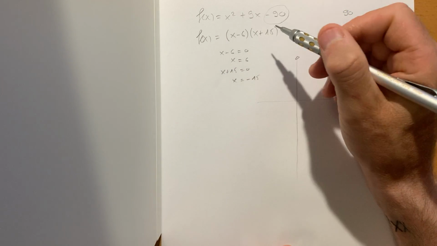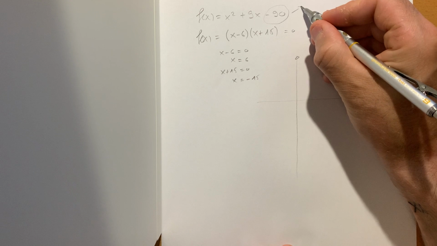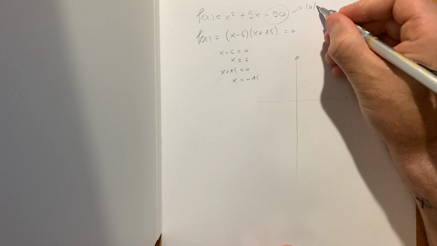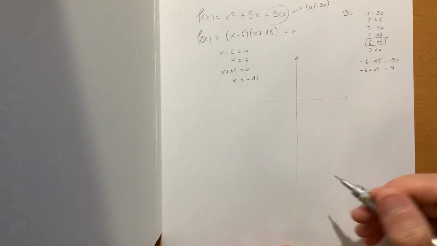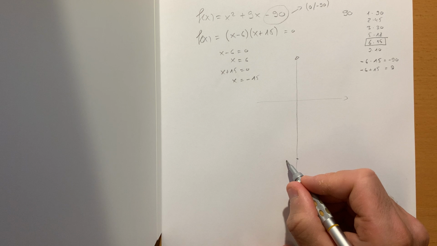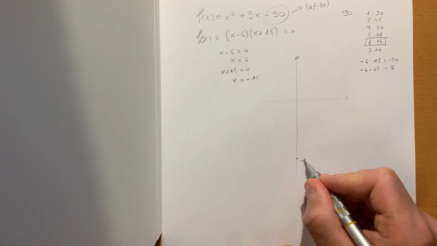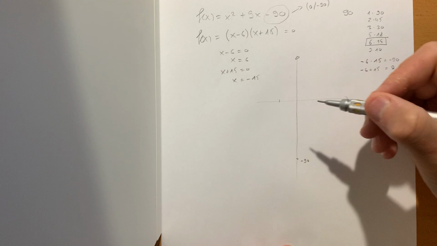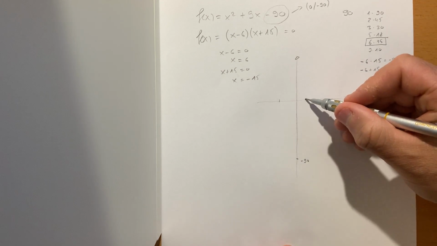Minus 90 is your y-intercept, so you get 0, minus 90. So let's say that's down here somewhere, minus 90. And then you have minus 15, one of the zeros, and the other one is at 6.